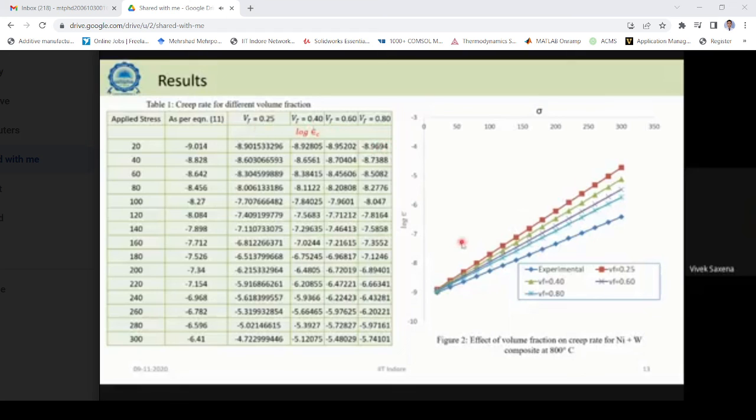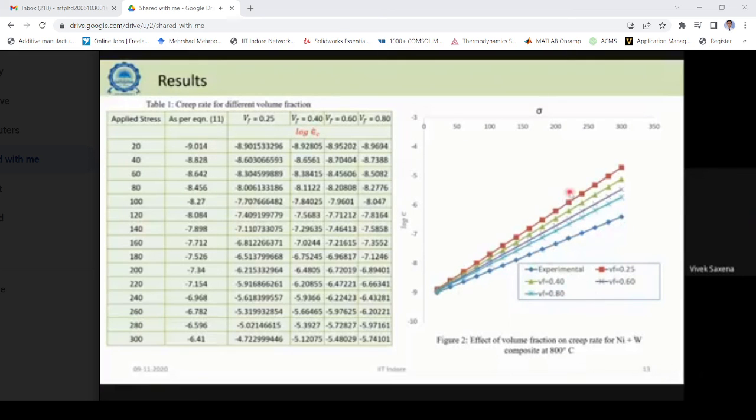And once I obtained the curve, I found that yes, volume fraction does affect the creep behavior. In the case of the lowest volume fraction, the slope is highest, and in the case of the highest volume fraction, the slope is lowest.